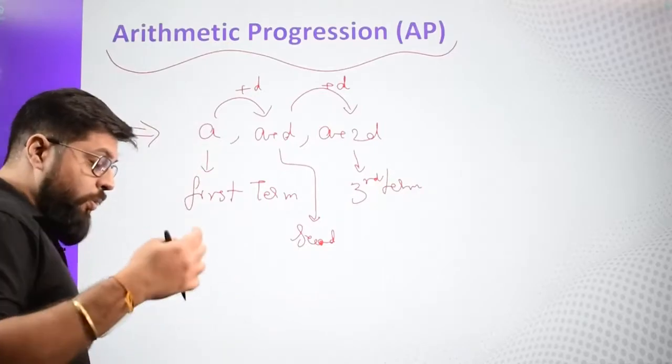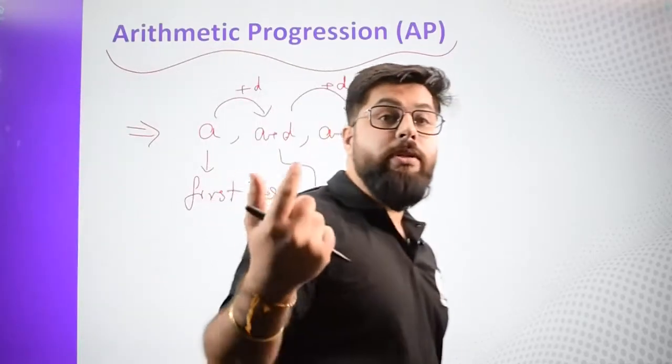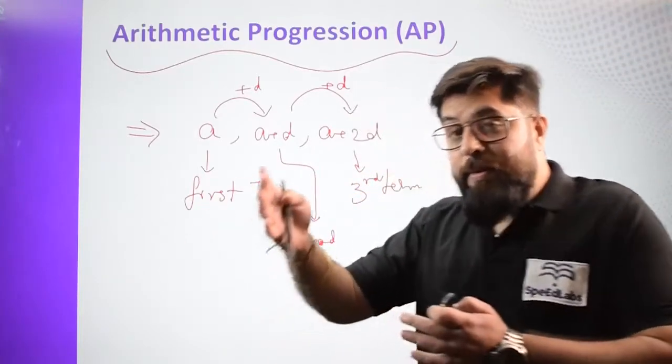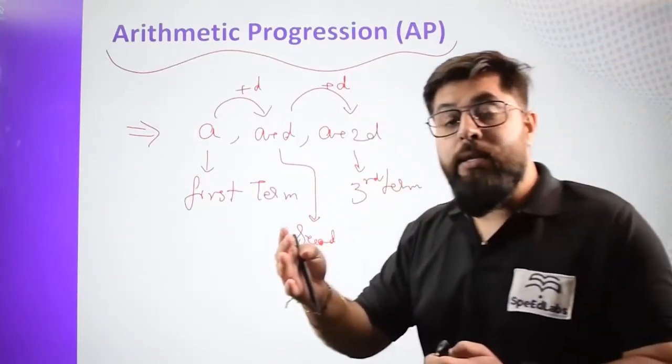So how we are going to form an AP? We are having the first term to which we will be adding a constant value to get the next term, and then we will be adding the same constant value to get the next term.